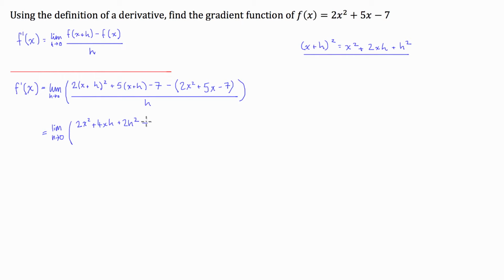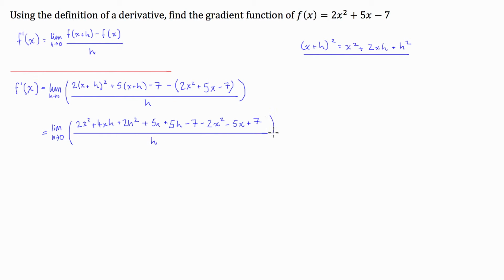Then we're going to multiply the second set of brackets, plus 5x plus 5h minus 7. And then we're going to just multiply that negative into that second bracket. So it's negative 2x squared minus 5x plus 7. Cool. And all of that is over h.